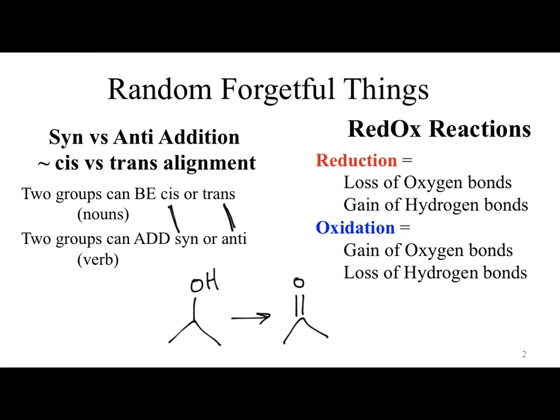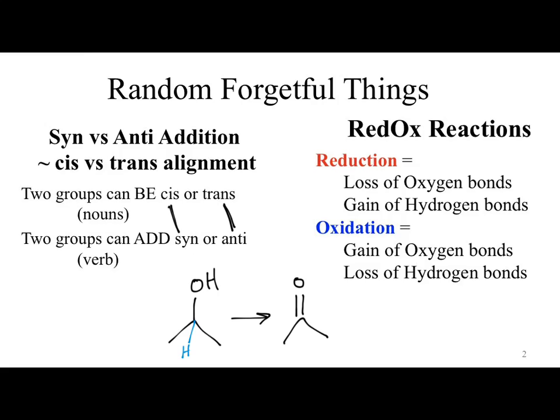I gained oxygen bonds. I started with one oxygen bond, I now have two. Okay, the other option was looking at the hydrogen. I lost hydrogen bonds. You'll notice the hydrogen attached to the oxygen is no longer there, and what other hydrogen disappeared? Off of our carbon. We lost that hydrogen as well in this reaction.